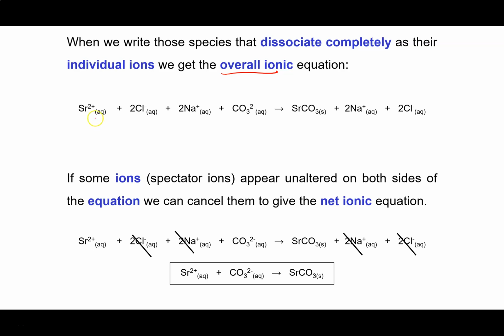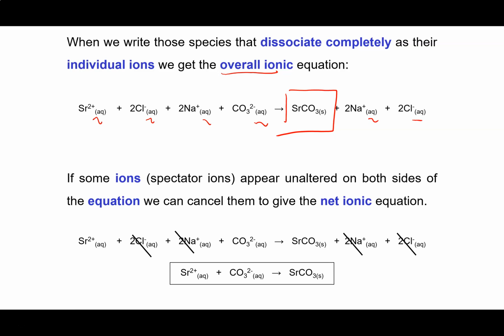Everything that is an ionic compound that is present as an aqueous solution is separated into its individual ions. But those things that are present as ionic compounds in the solid state are kept together to represent that this is a crystal where the ions are not able to freely move. So that's a second way of writing a precipitation reaction.